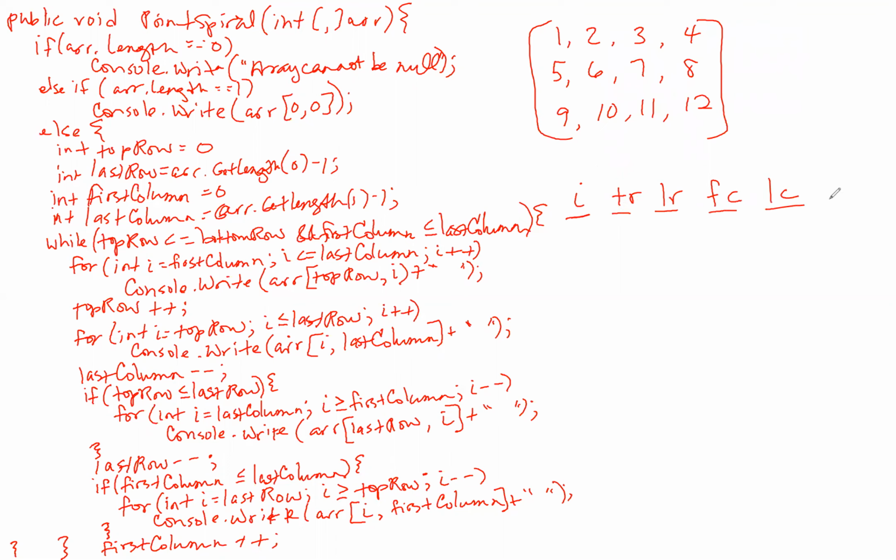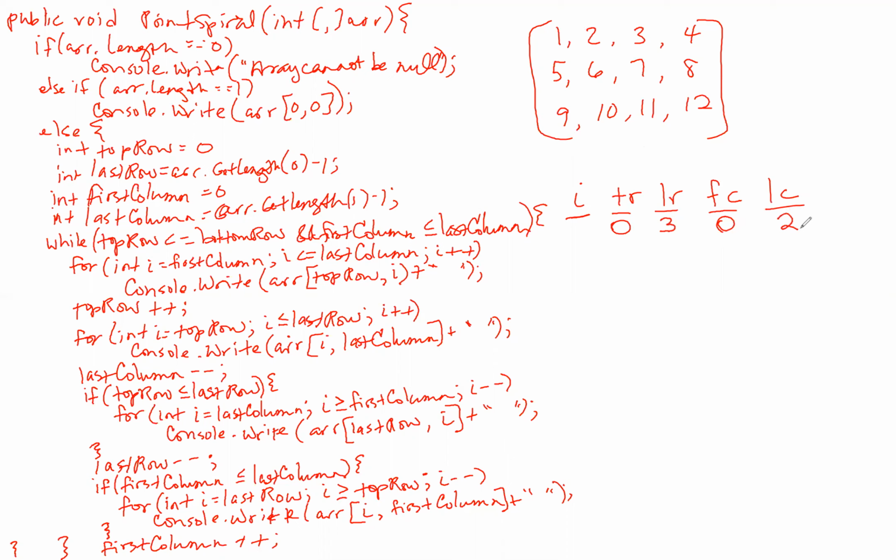Okay, so first thing we do, top row is 0. Last row is array.length at 0 minus 1, so that's the length of 4, so that's a 3. And first column is 0, and last column is array.length at 1, and that's going to be 2, because it's a minus 1 there.